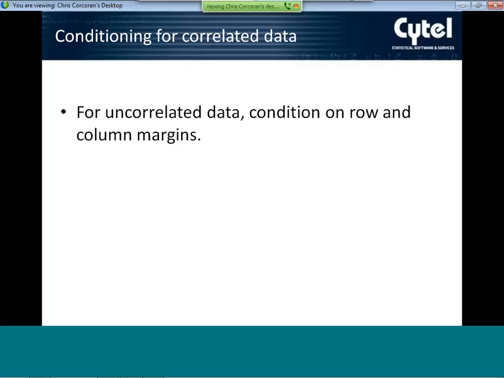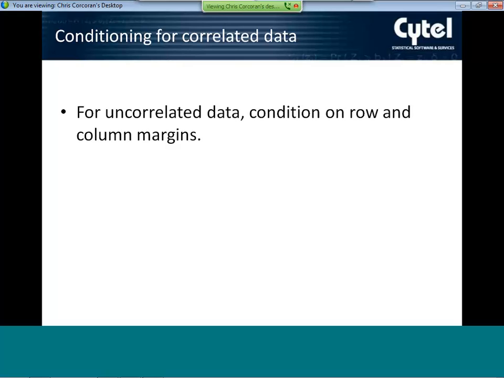And in general, that's how exact p-values are computed for any contingency tables. That argument was extended after Fisher to tables with arbitrary numbers of rows and columns.